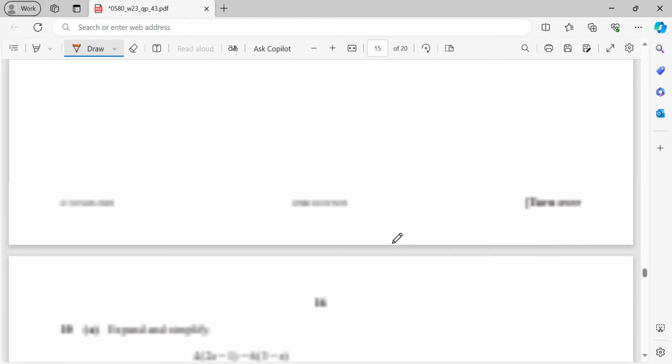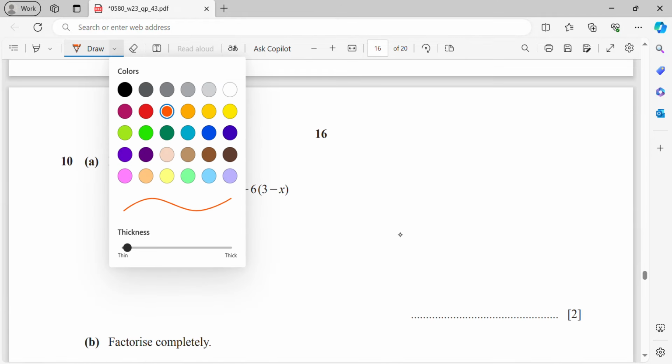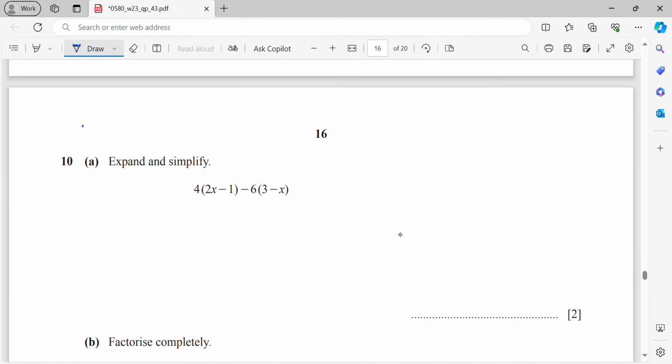Okay, next question, number 10. Expand and simplify 4 bracket 2x minus 1, minus 6 bracket 3 minus x. For this case, just do the expansion.